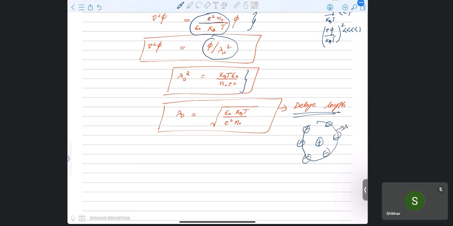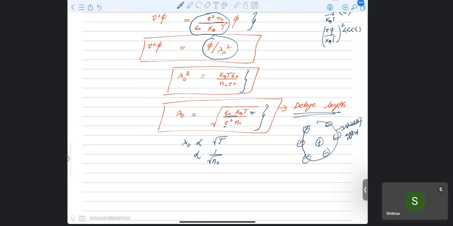It's also called the plasma shielding effect. So this is the typical length scale up to which the shielding effect is there. It depends upon the temperature of the plasma, directly proportional to the square root of temperature. These two are constant values. This is also constant. So your lambda D, or your Debye length, is directly proportional to the square root of temperature, and it is inversely proportional to the square root of charge density.